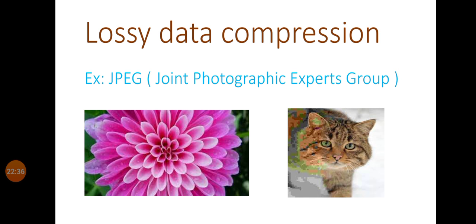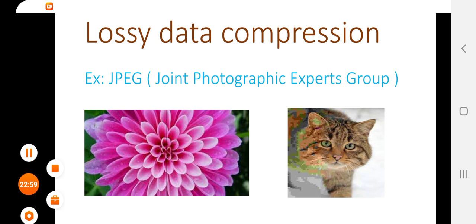But in JPEG, if I tell you to take a picture of the cat, then you will get a photo of the cat, right? In that photo, can you get the exact image of the cat? No. The photo will be approximate, the cat will be like that. Understood? So this is GIF and JPEG. In GIF, we get lossless data compression.